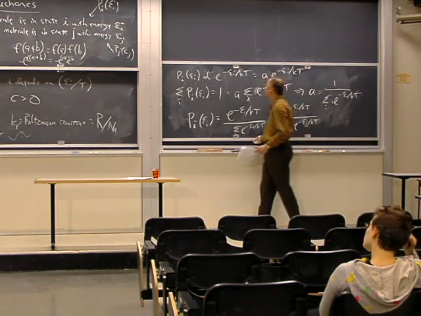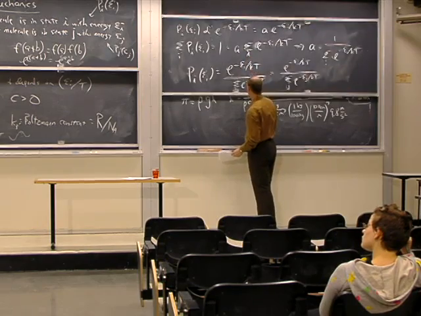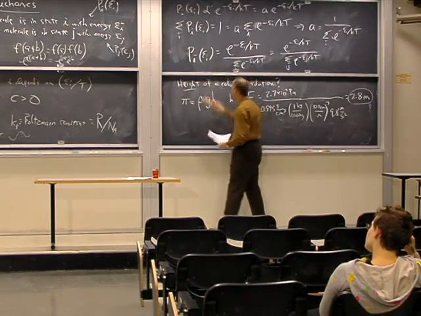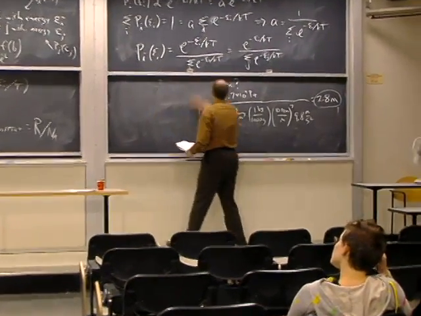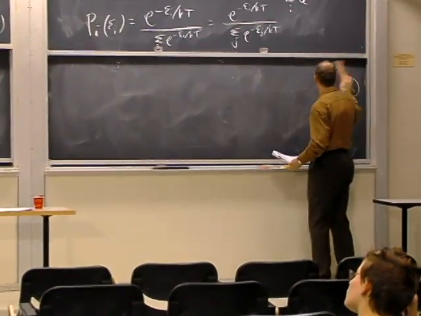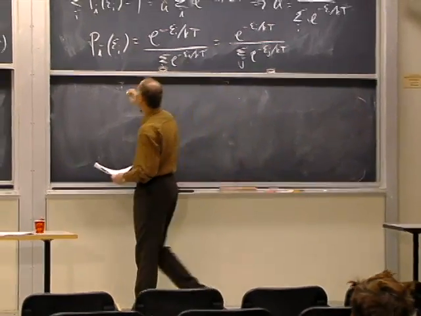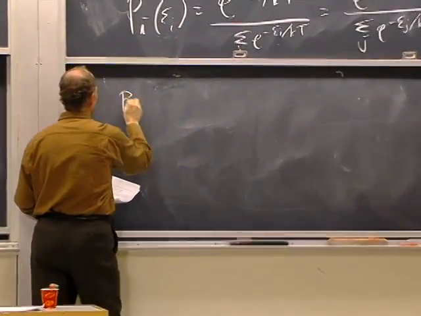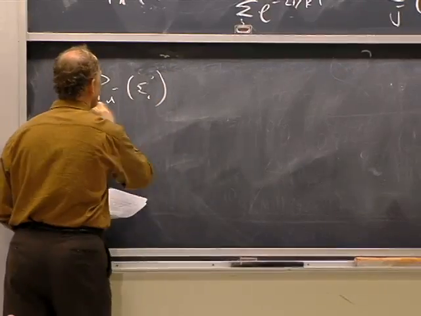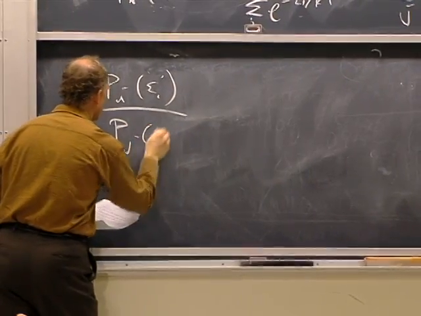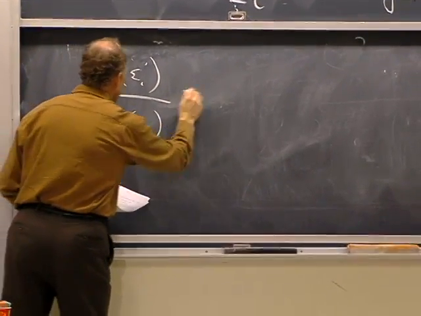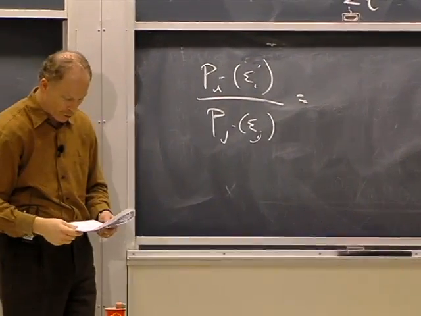From the proportionality relationship alone, of course, we can tell the ratio of chances that you're in one state or another. Even without this A constant, we could have asked, what's the ratio of the probability of being in state I with energy EI to state J with energy EJ?